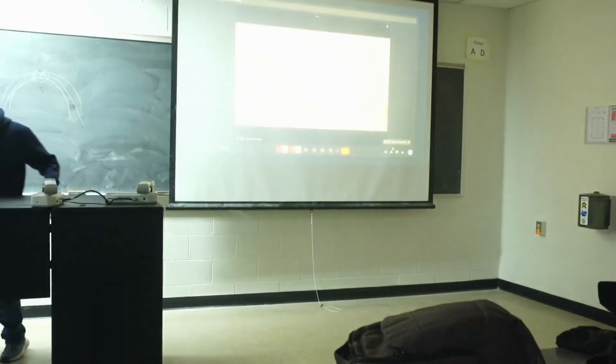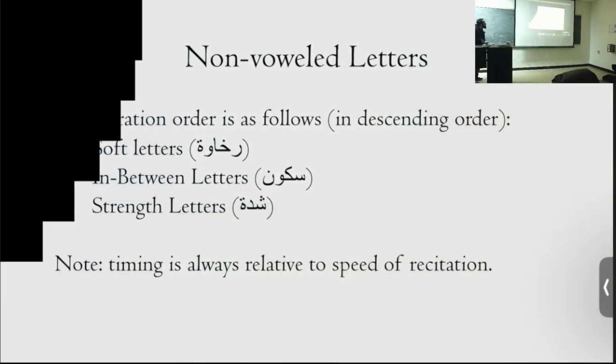Okay. What about sukoon? Sukoon, the letters of Rakhawa takes the longest time. The letters of Bayniyya take the middle time. The letter of Shidda takes the shortest amount of time. What does that mean? Let's do it.